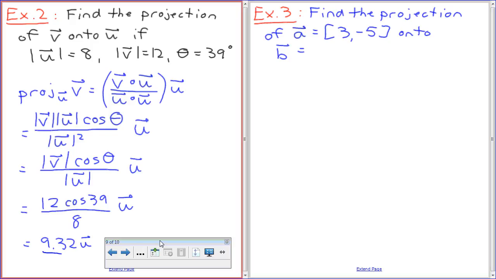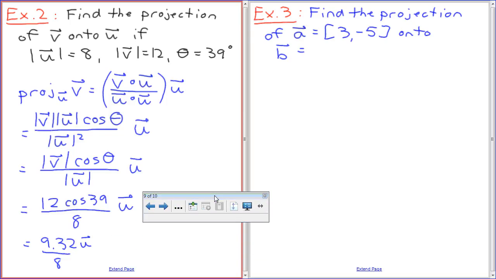And so the final answer would be 1.1. Oh, sorry, start with that. It's times the vector, times 8. Technically it would be the magnitude, which is 9.32, in the direction of here. Yeah, we'll leave that one for right now.